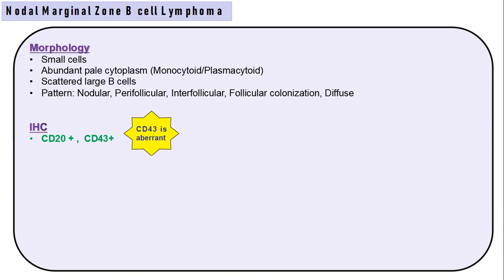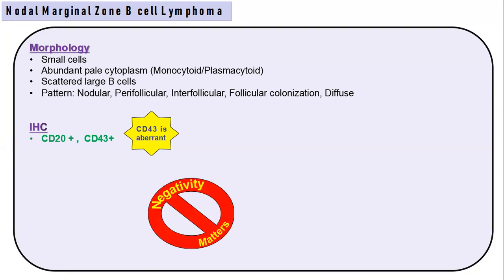So how do we diagnose nodal marginal zone B-cell lymphoma? Are there any characteristic IHC markers for that? Well, for nodal marginal zone B-cell lymphoma, it is the negative markers that will help us in making a diagnosis. CD5 will be negative.